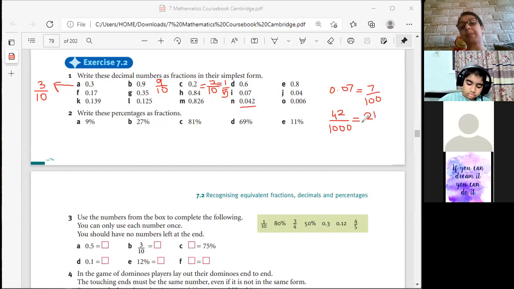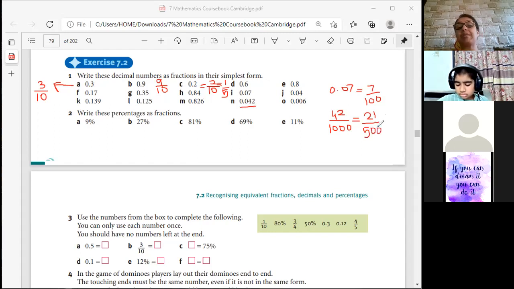Can I reduce this further? With the table of 3, no, I cannot reduce this further. So I will keep it as it is. Any other sum you want me to do? You all will be able to do, correct?